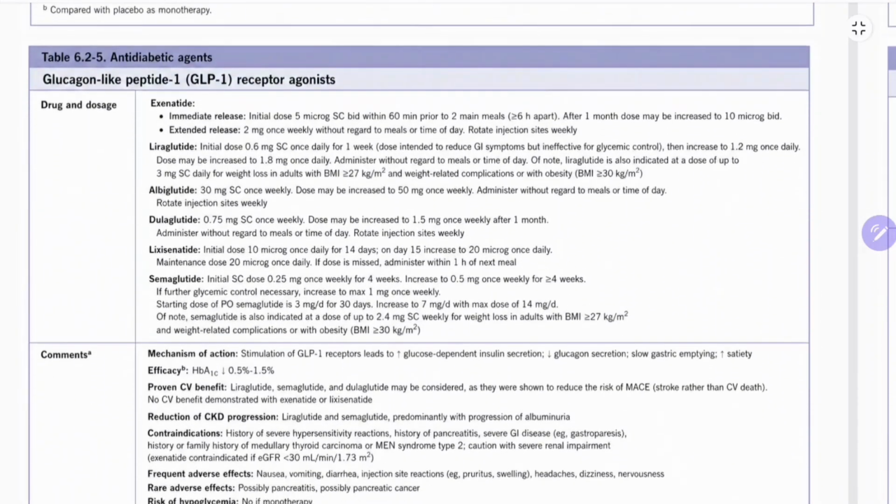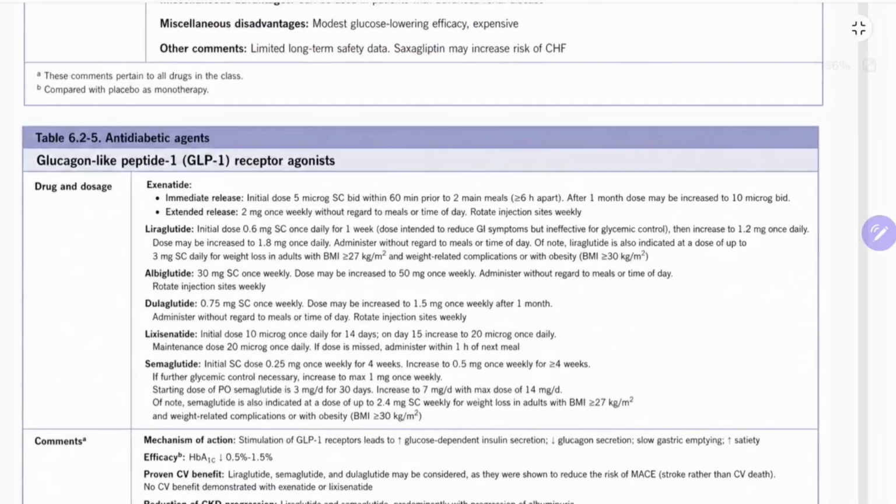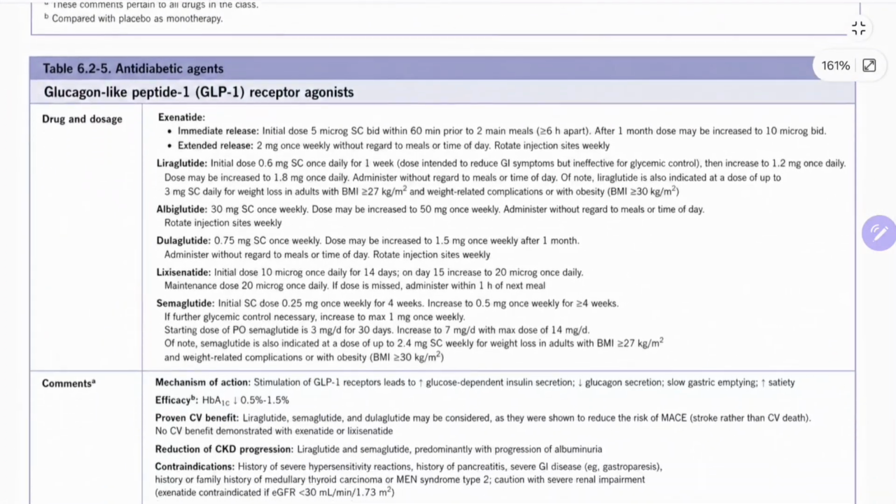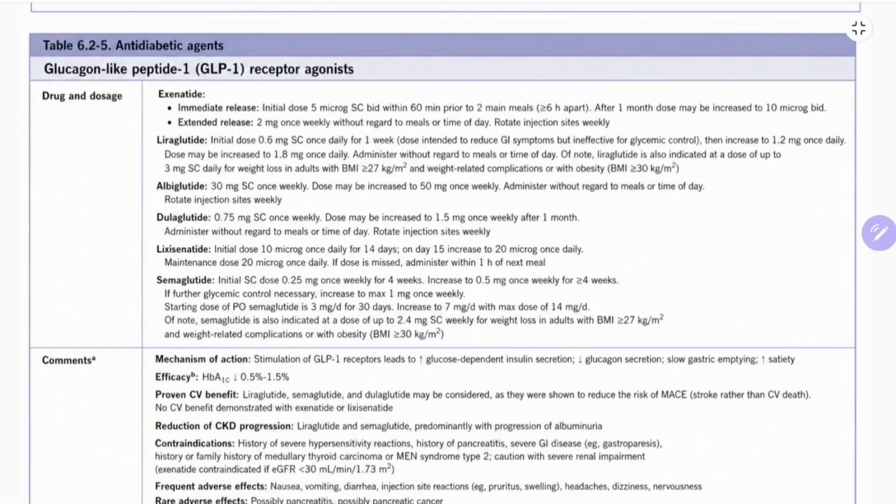Moving on to GLP-1 receptor agonists. We should learn this as a very important point, because these are very commonly used drugs. GLP-1 receptor agonists include exenatide, liraglutide, albiglutide, dulaglutide, semaglutide, but I will discuss just the common ones, liraglutide and semaglutide.